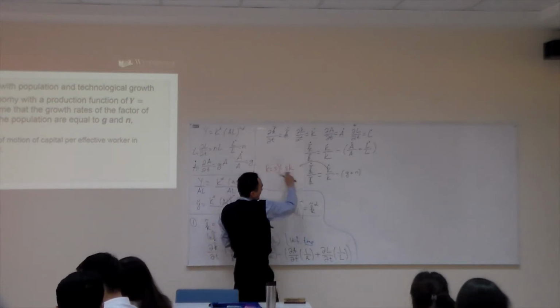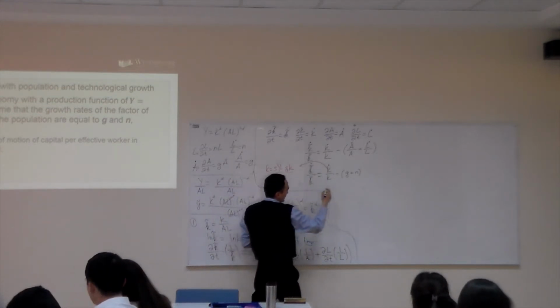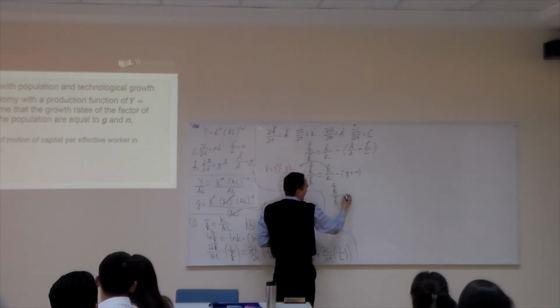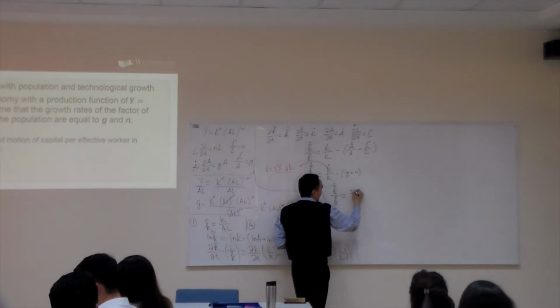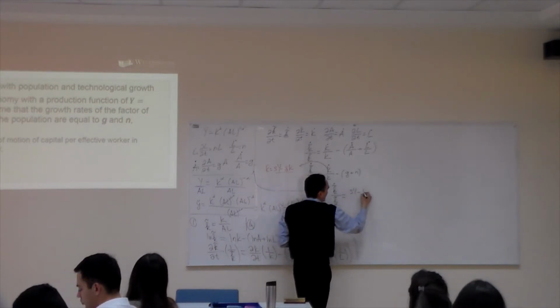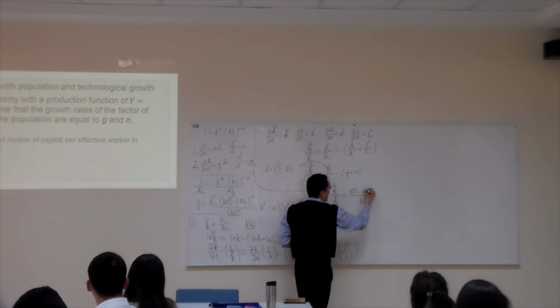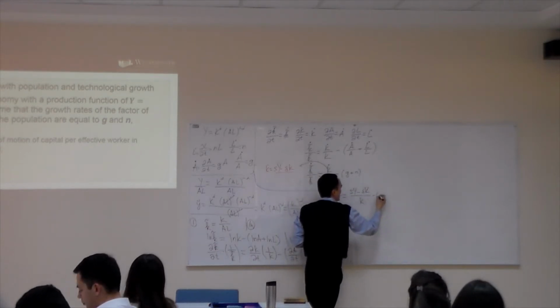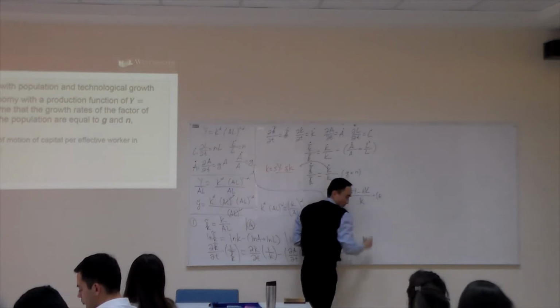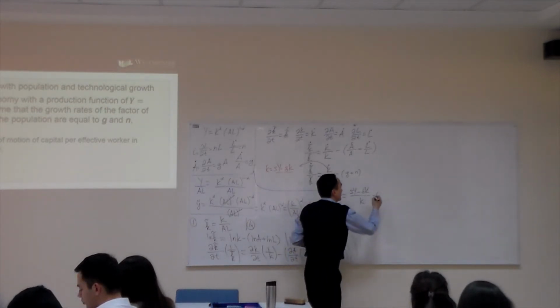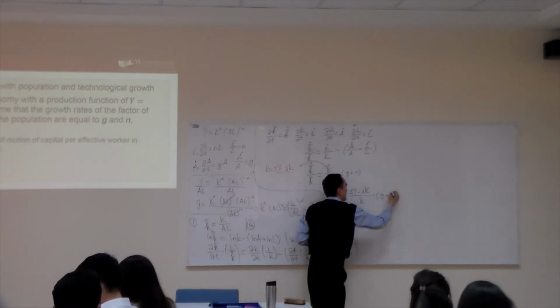So now if you plug this in here, then you will get that our change in capital per effective labor over capital per effective labor is equal to investment minus depreciation over capital stock minus delta, G plus N.